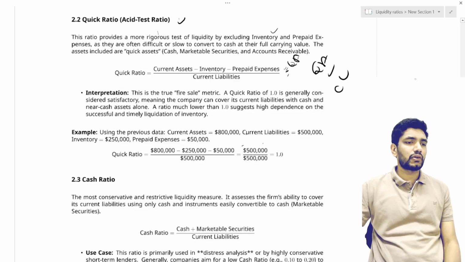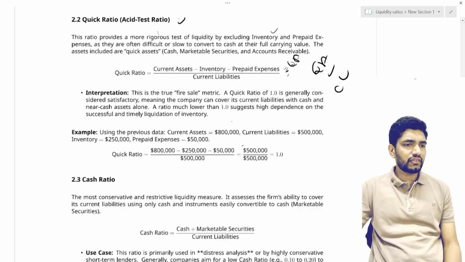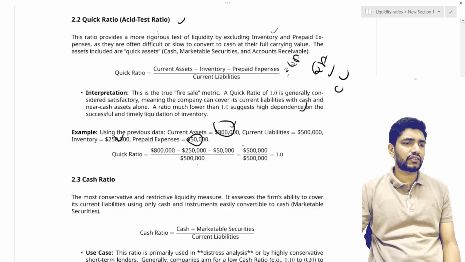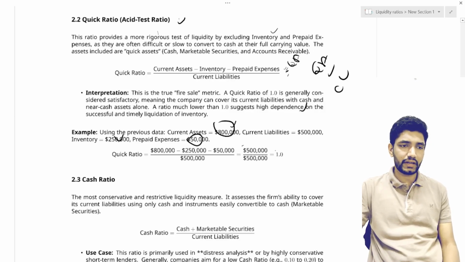So just look into this example. This company has current assets of 800,000 and current liabilities of 500,000, and there is an inventory of 250,000 which is already included in the 800,000, and prepaid expenses of 50,000. So in this case, the quick ratio is 800,000 minus 250,000 minus 50,000, that means 500,000, divided by 500,000.